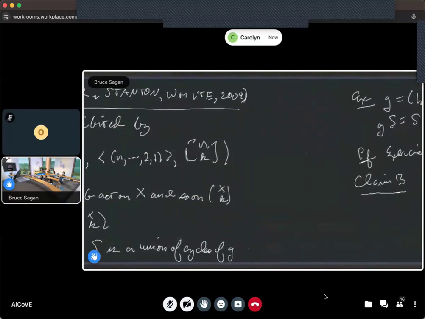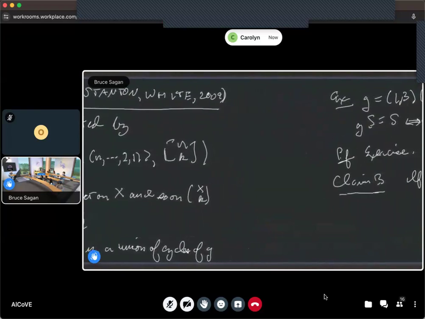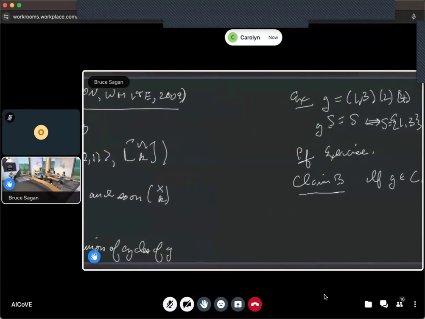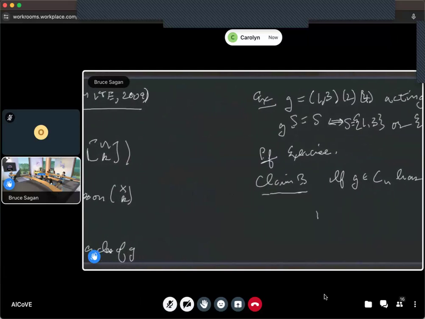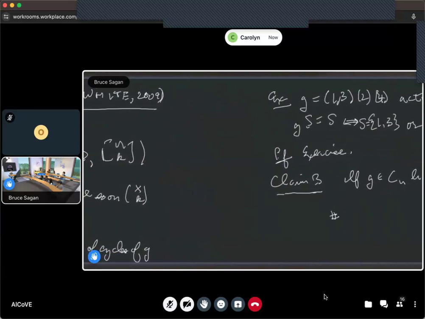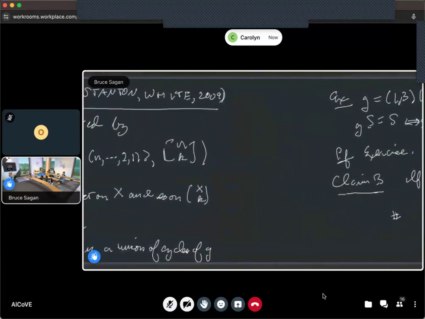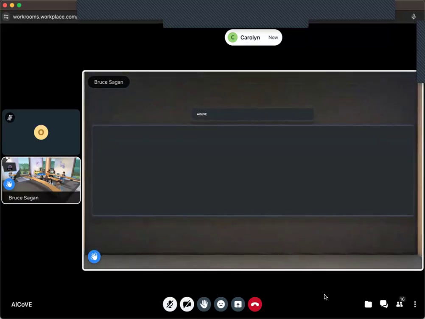If I have an element of my group Cn, and it has, say, order D, then I claim that the number of fixed points, actually, let me put this on the next slide. I think it'll be better there. So claim B.